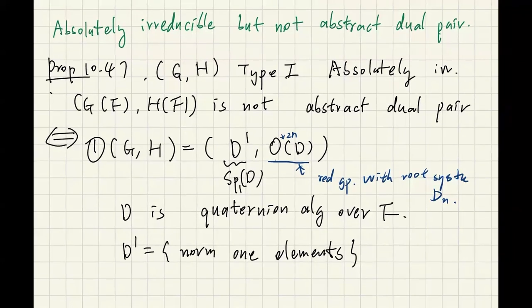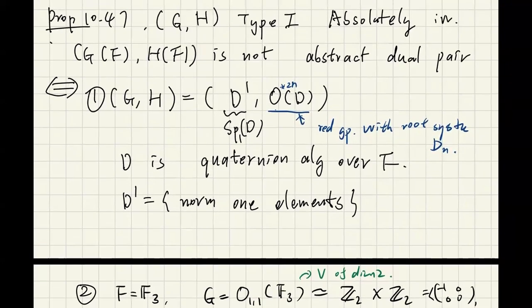Okay, so this is because of the centralizer of D1 inside the SP. You have a large SP_2n(D). I think it's just SP_2n.